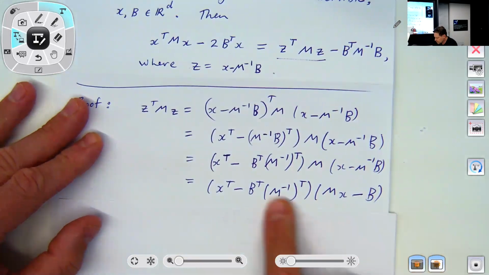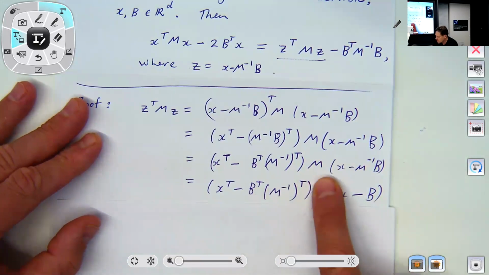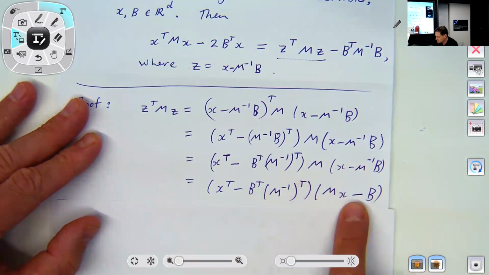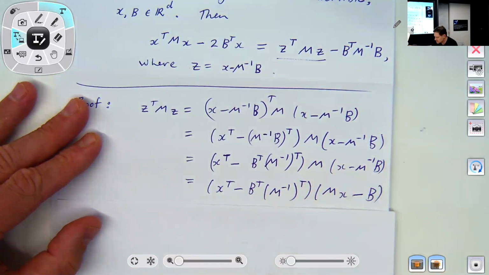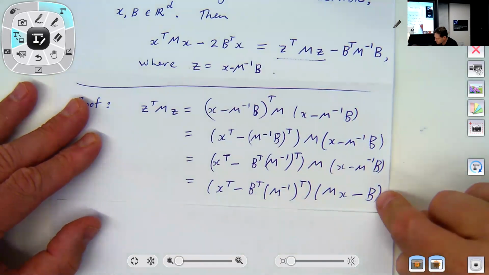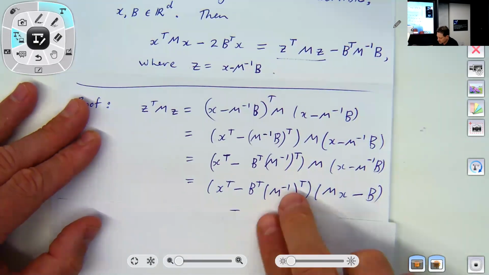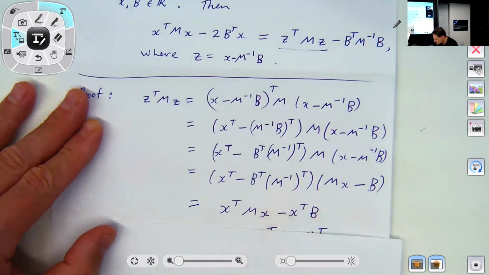But that's not what I did next. What I did on this line is multiply the M through. So I expand this part of the bracket, so MX minus B, because M and M inverse multiply to give the identity. And so that just gives us minus B there. Now we're going to apply that swap around and observation that this is just M inverse.